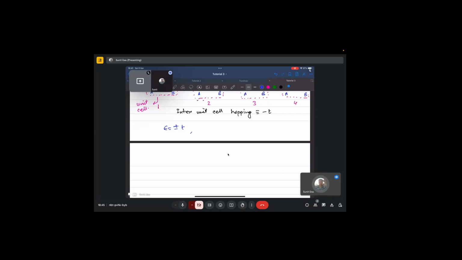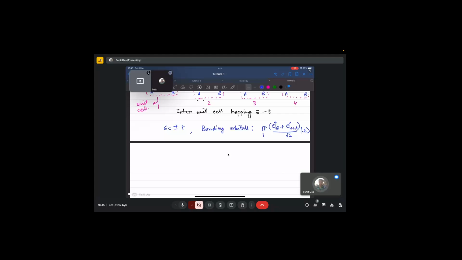Again you will have anti-bonding states and bonding states. The bonding states can be written in real space as the sum over all the unit cells of C_iB dagger plus C_{i+1}A dagger, this is important, divided by root 2, acting on the vacuum state.